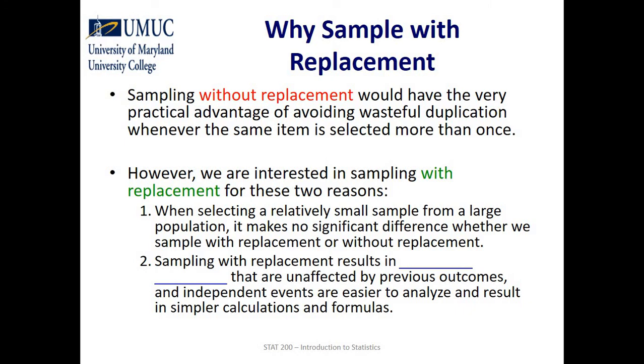Remember, if we have little n being less than or equal to 0.05 times big N, what's the difference here? Little n is our sample size, big N is our population size.